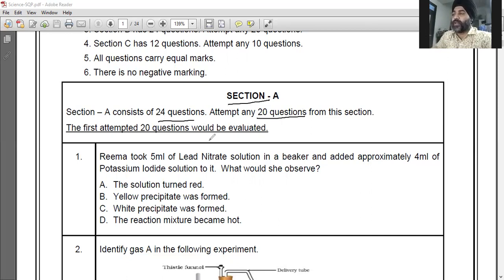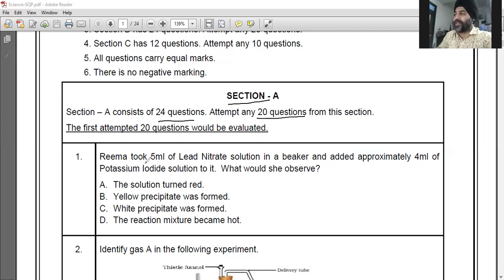20 questions. So, the first question is: Rima took 5 ml of lead nitrate solution in a beaker and added approximately 4 ml of potassium iodide solution to it. Now, what would she observe?